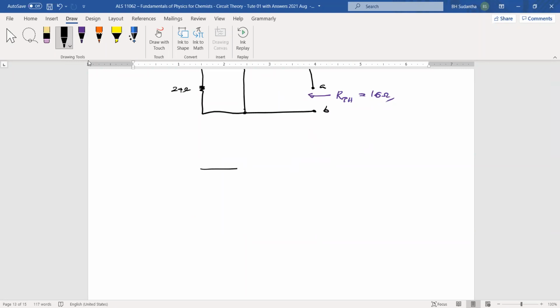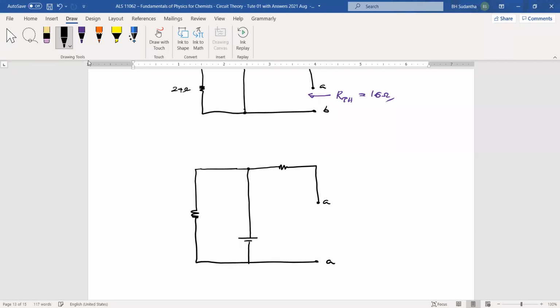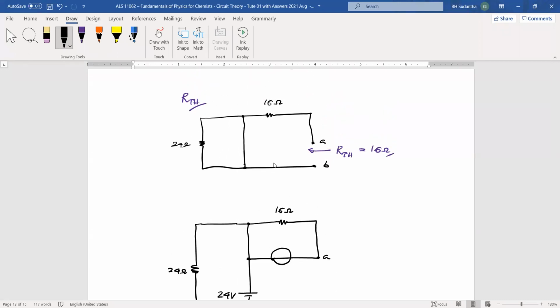Okay, we can draw the circuit now. This point A. Because we don't take the other resistor, when you come here to find the total resistance, here we have conductor, here we have resistor.